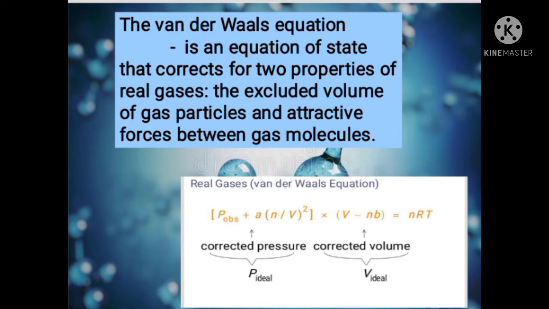The corrected pressure, or P ideal, is P observed plus a(n over V) squared, times V minus nb, the corrected volume, or V ideal, equals nRT. So that is the van der Waals equation.